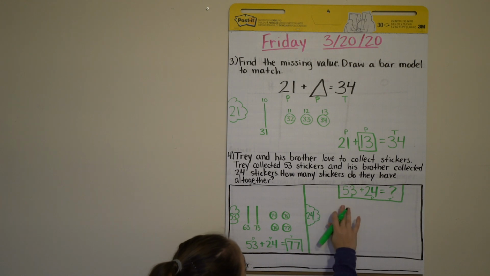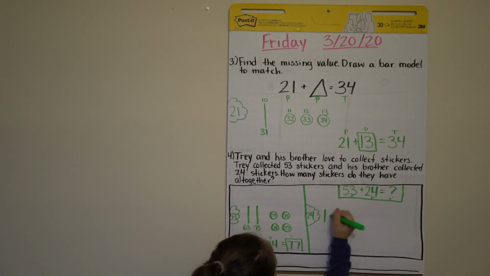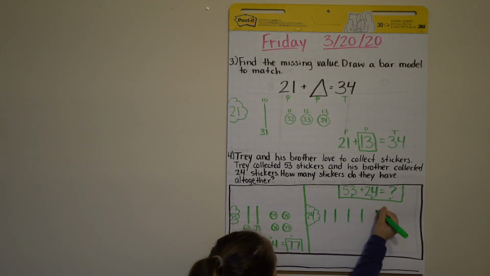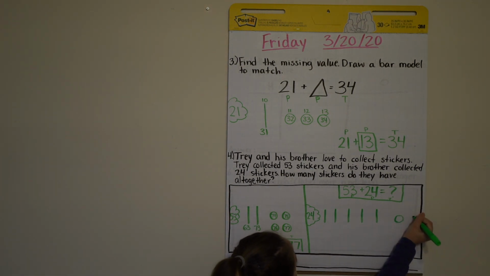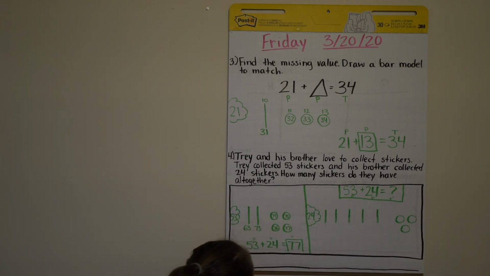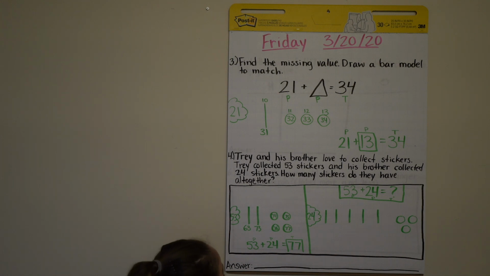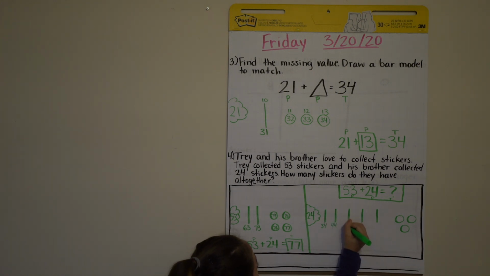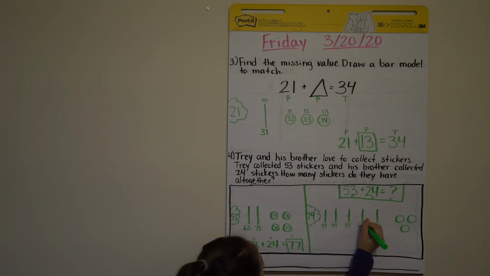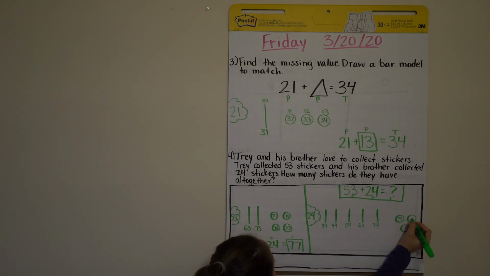And I'm going to draw 5 10 sticks. 1, 2, 3, 4, 5. And then I'm going to draw 3 ones. 1, 2, 3. I'm going to put 24 in my brain, and I'm going to count on by tens. So 24, 34, 44, 54, 64, 74, 75, 76, 77.